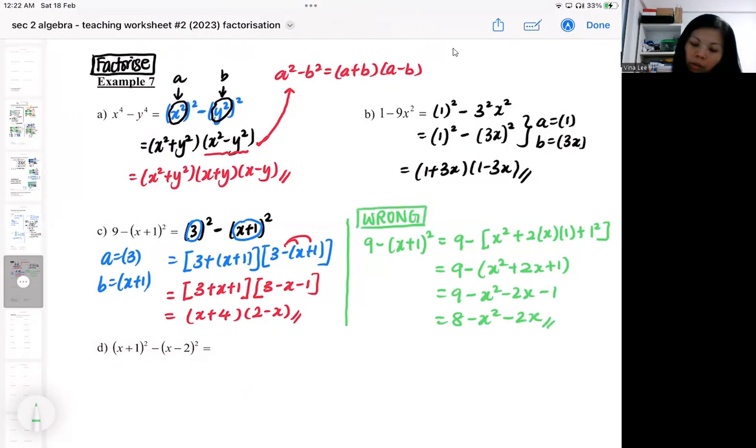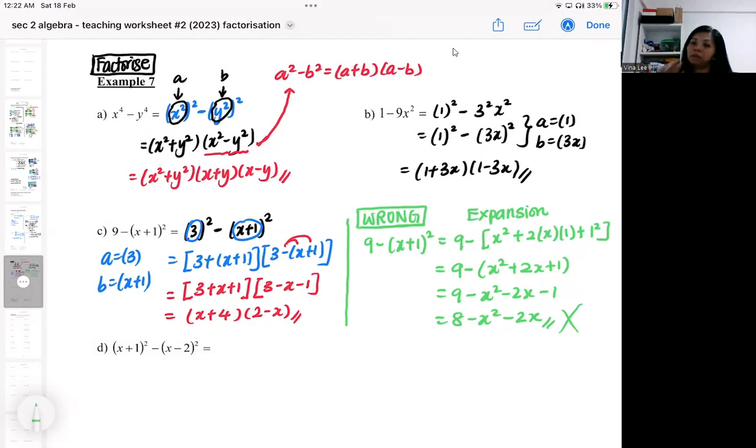Because the student is doing expansion. The student is not doing factorization. So this student is wrong. I will mark the student wrong because the student never factorized. The student is just expanding it, using the formula. But the instruction is not expanding.